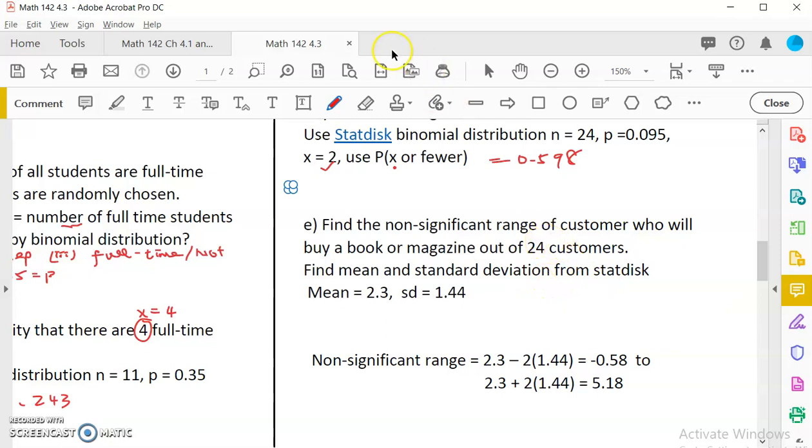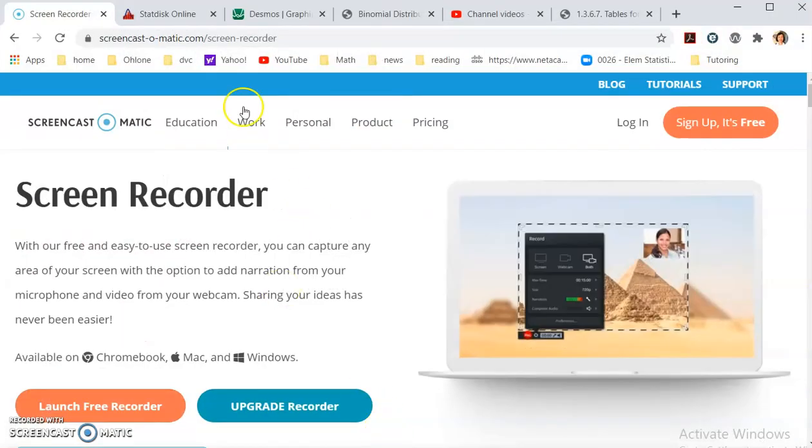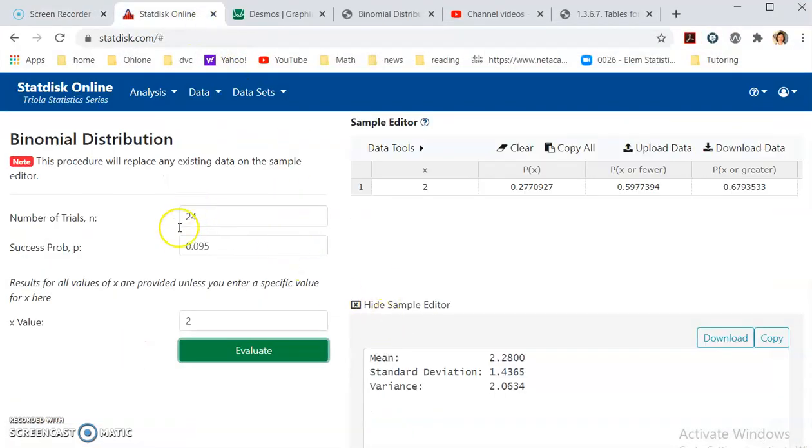So we already have entered it into statistics. We model it by N equal to 24, and the probability of one success is 0.095. We are not looking at any X. We have done a few questions on this.